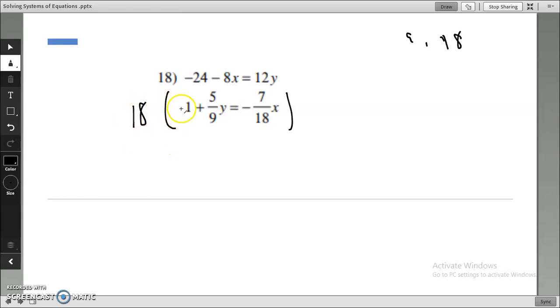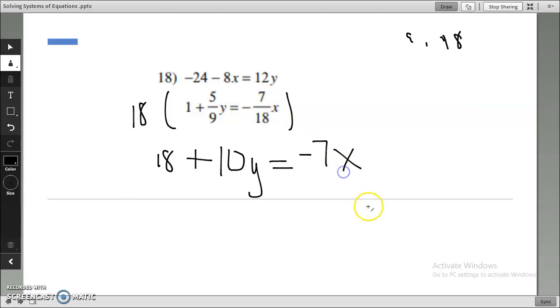So 18 times 1 is 18. Plus 18 times 5 over 9y is 10y. And 18 times negative 7 over 18x is negative 7x. All right.